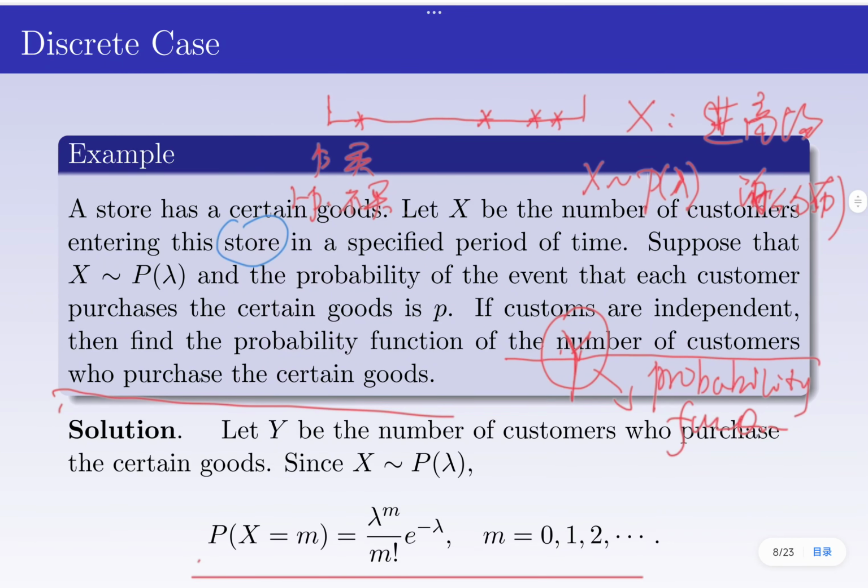A store has certain goods, and X is the number of customers entering. This is another typical example, the Poisson distribution.